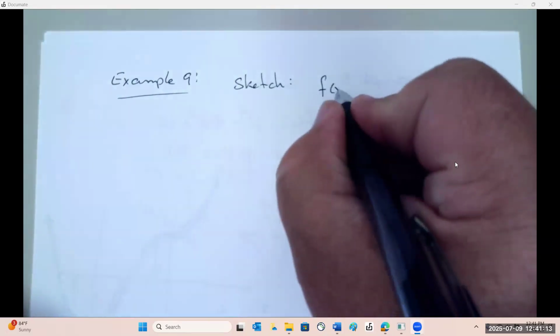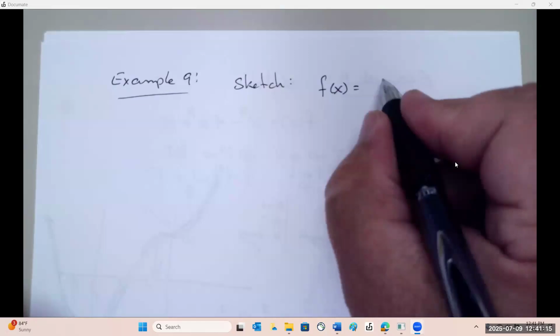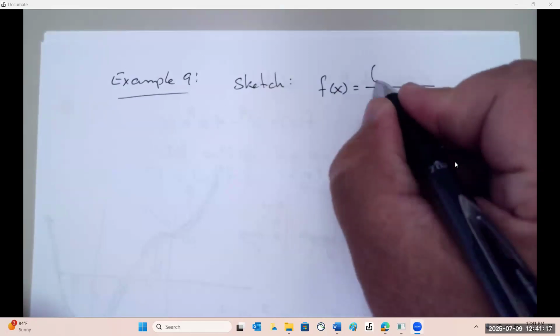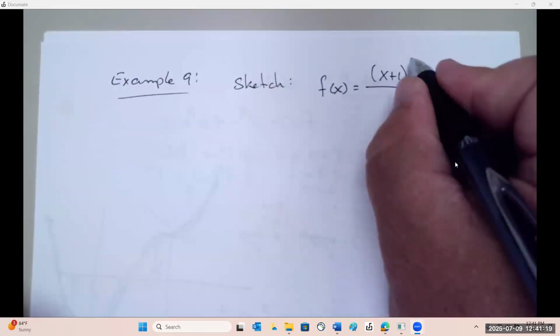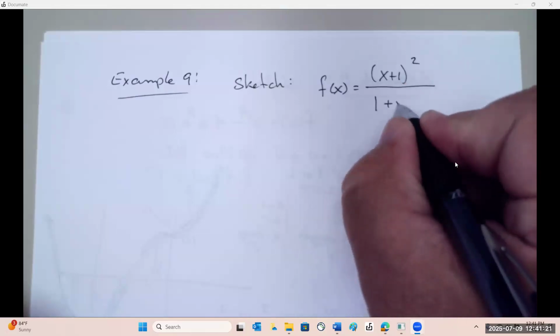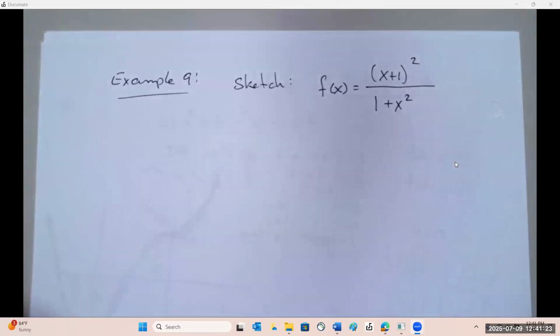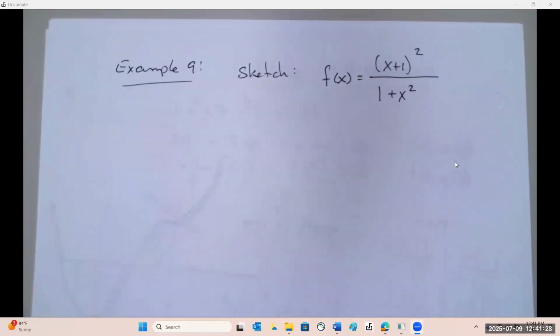Sketch this function: (x plus 1) squared over 1 plus x squared. Okay, we have a rational equation now. Since we have a rational equation, now we have to look for asymptotes.